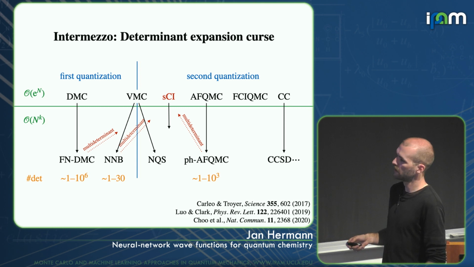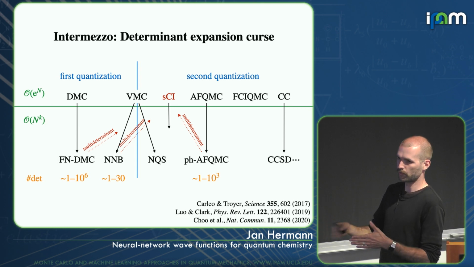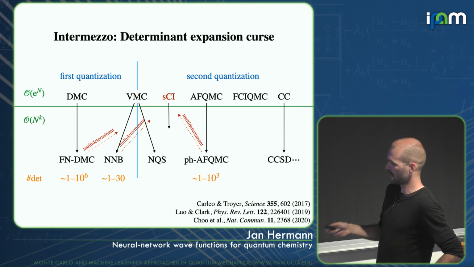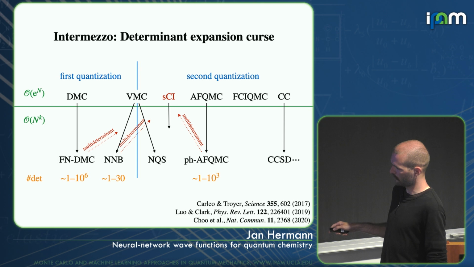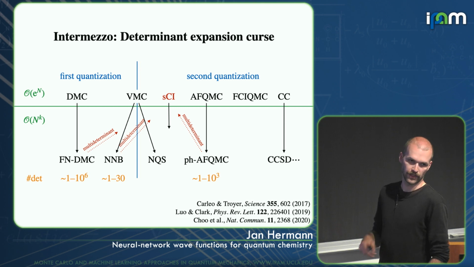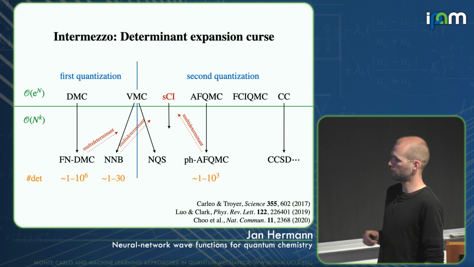It's not really a property that I can say it already has, but this is essentially an aspiration, right? We would like to have a method that, by making each individual determinant as expressive as possible with a neural network, would require the least amount of determinants, and so could be pushed to larger systems, avoiding this exponential regime for a long time.